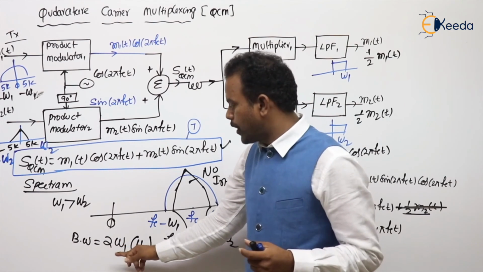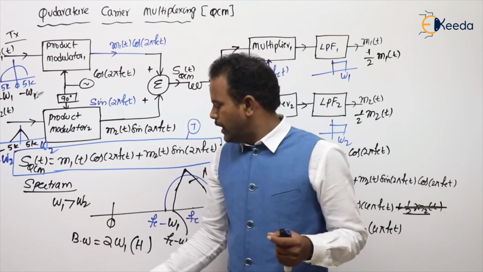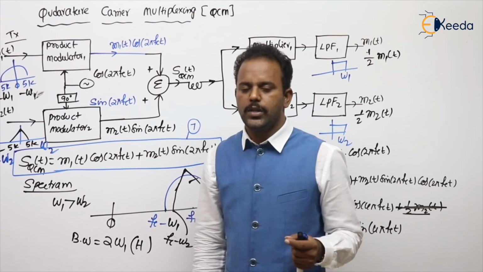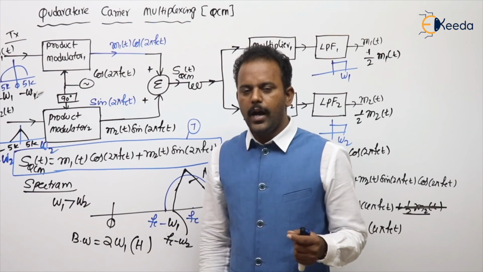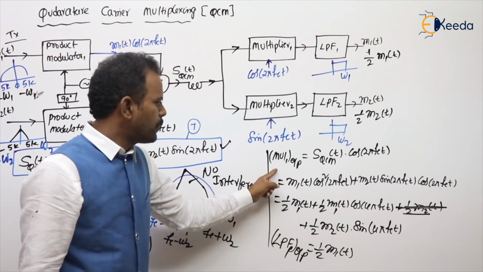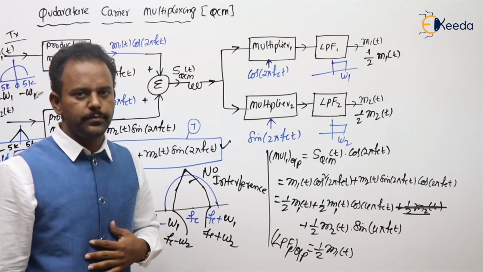What about the bandwidth formula? Sorry, remember the bandwidth formula also: 2 times the maximum frequency. Why did you get omega 1 here? I took omega 1 as large. So that is why. And for the exam, remember the total derivation. I did it for multiplier 1. You can also write it for multiplier 2. I already explained. Clear?